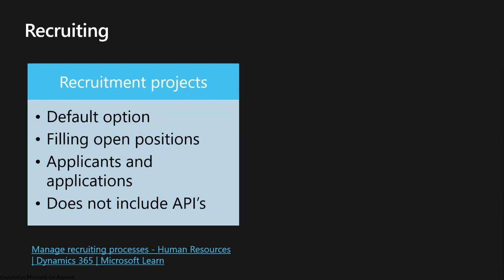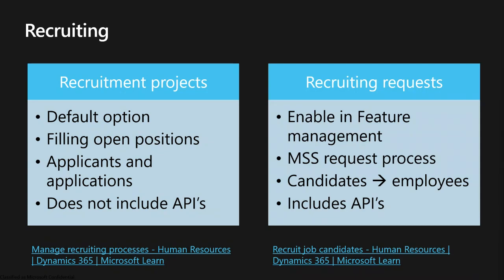So there's the recruitment projects, which is what was available in the finance and operations infrastructure human resources module before the merge. And then we introduced the recruiting request feature in standalone. Now in Dynamics 365 that we've merged the two together, you actually can choose between the two recruiting experiences for your implementation.